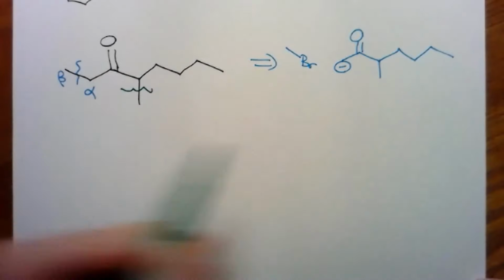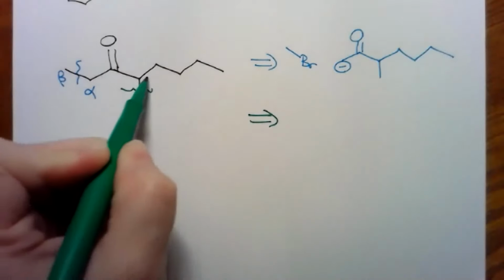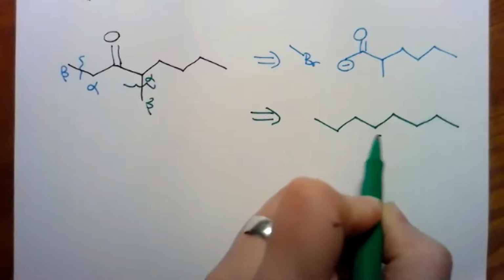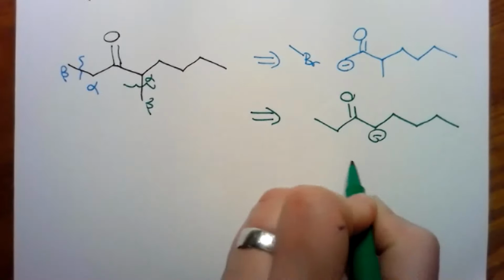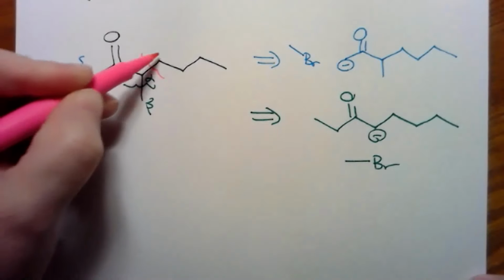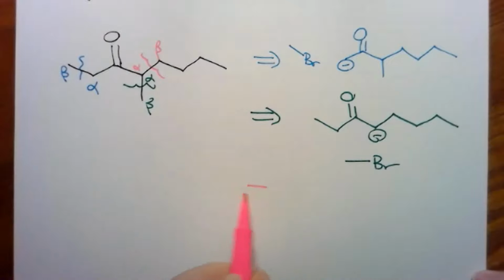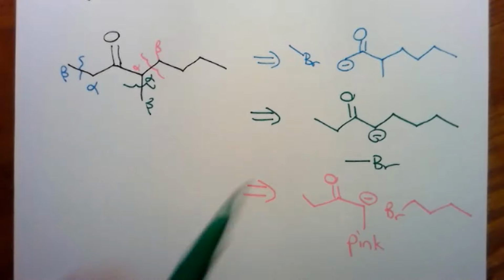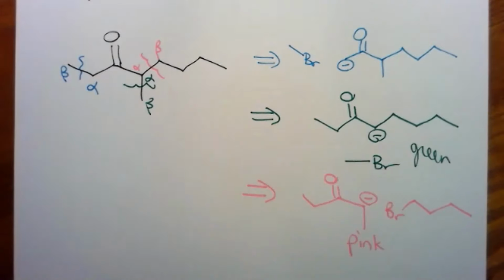This is if I try to make the green alpha beta bond. This is if I try to make the pink alpha beta bond. Pink, green, and blue.